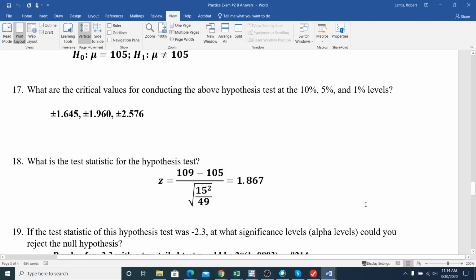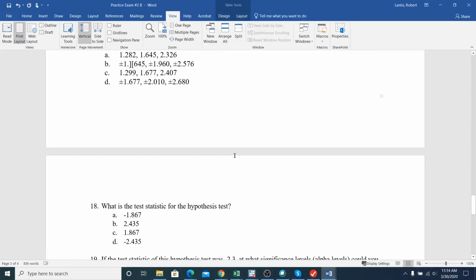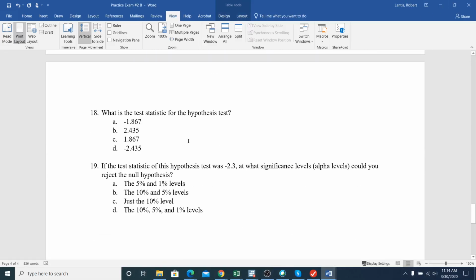Okay. Sorry, I jumped ahead there since I already had the graph up. This is a good scenario where if you had gotten that test statistic wrong, and I asked you to make a rejection decision, you're not going to get that right. So I then say, okay, assume that you found the test statistic was negative 2.3.